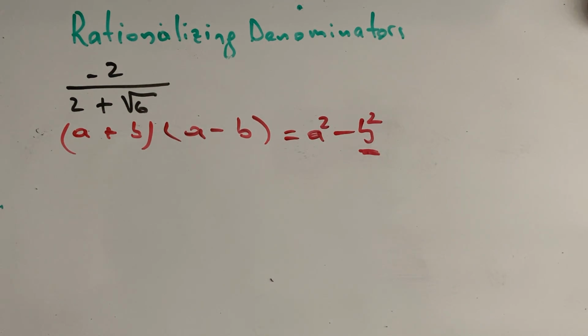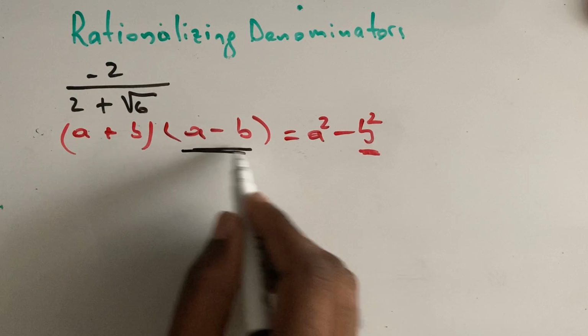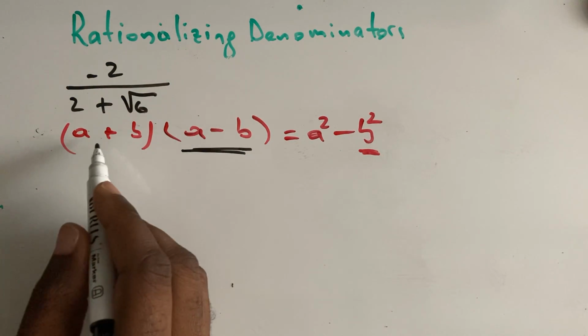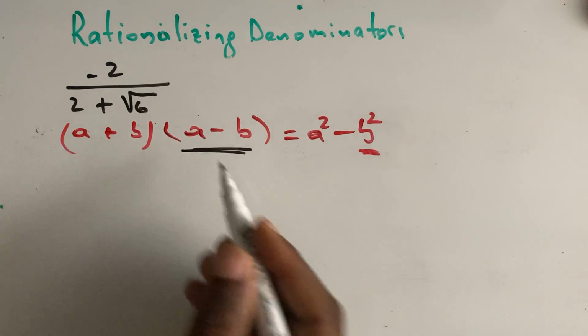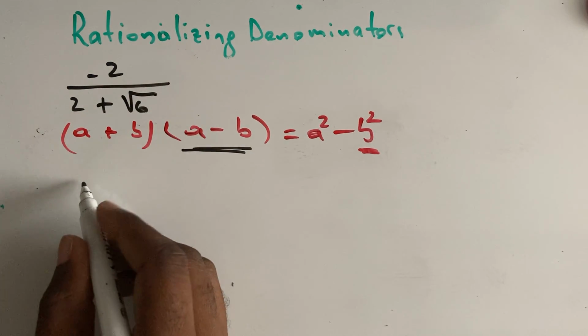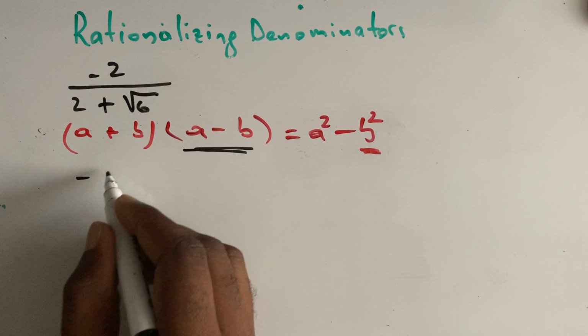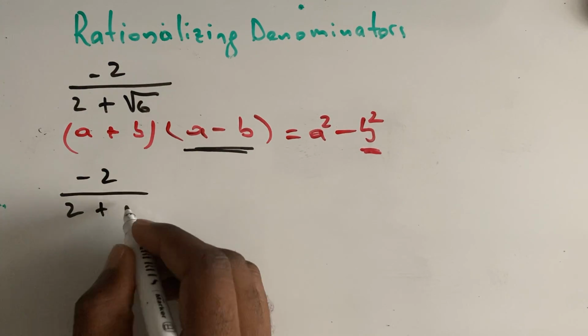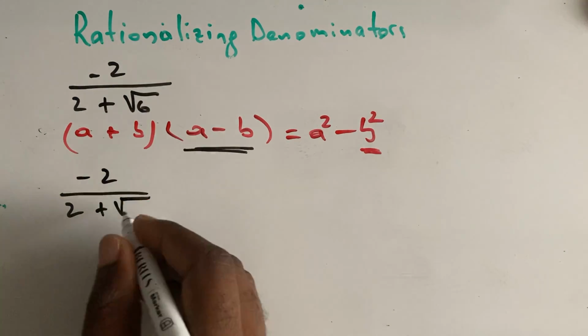So that's why the best thing to do here is to multiply by the factor that's missing, which is this. In some other cases, you would have this factor, and what would be missing would be this one, the a plus b. So as in this case, I'm going to do what I have for this case here. Let me rewrite the problem, and I'm going to keep what I have up there just to remind you of the formula, right?